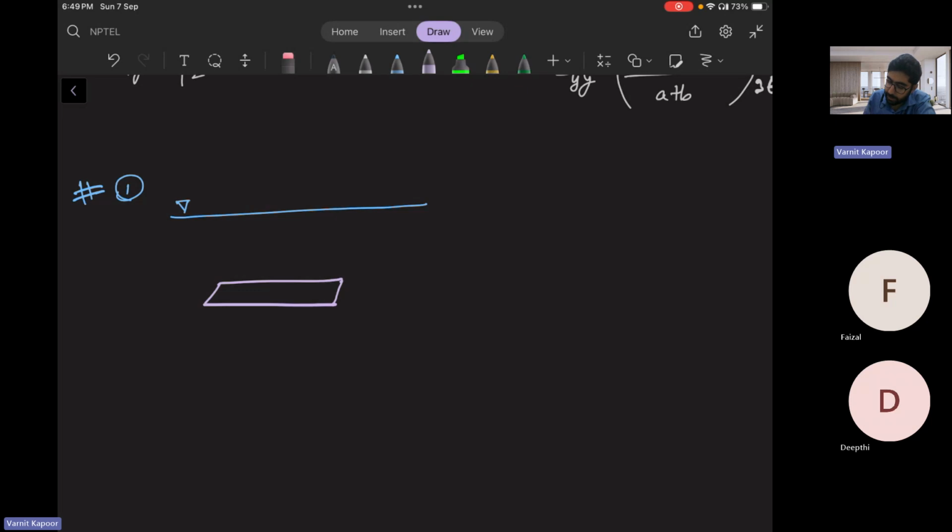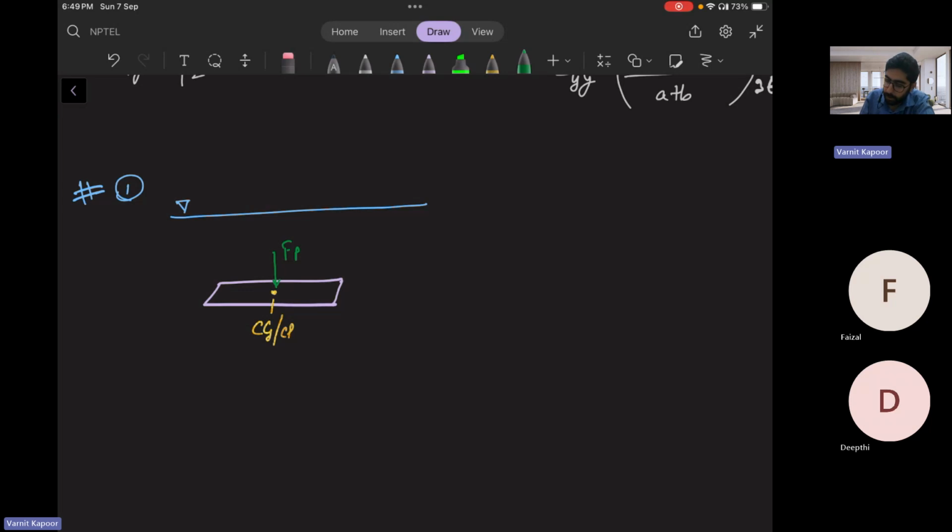And center of gravity and center of pressure will be same here because theta is how much? Theta is 0. When theta is 0, then h bar and x bar will be at the same position. So center of gravity and center of pressure will be same here. Both are same. So pressure force which is acting is this much, Fp.